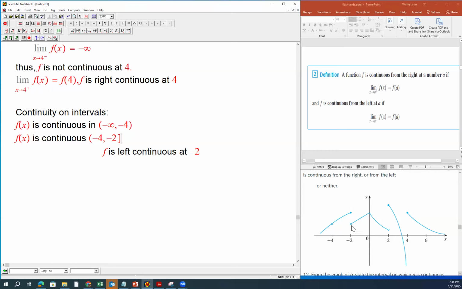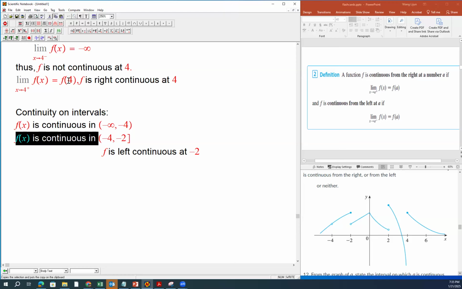All right, from -2 to +2. You can see we have left continuity at -2, so we're going to put a bracket at -2.